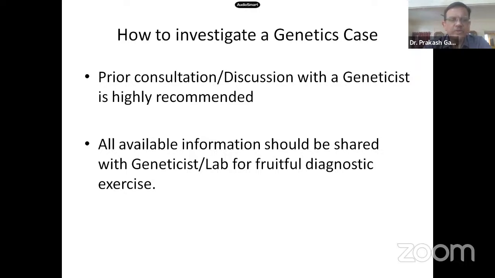So if you are able to give full information regarding the clinical situation, the clinical findings in that patient, and the investigations done so far, then the bioinformatician, the analyst, will narrow down to a particular set of genes. There may be 10 genes, 20 genes, depending on the condition. And then even a single change which is novel, which has not been reported before, will be highlighted and studied in detail.